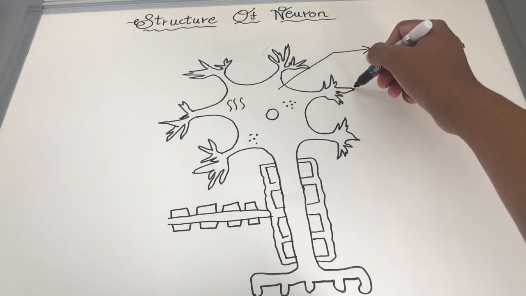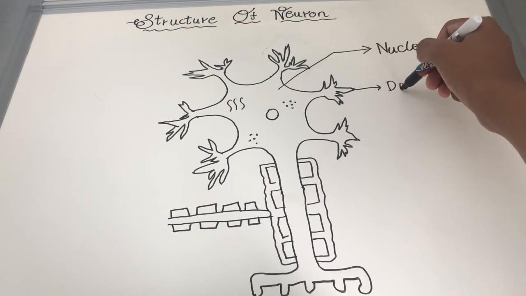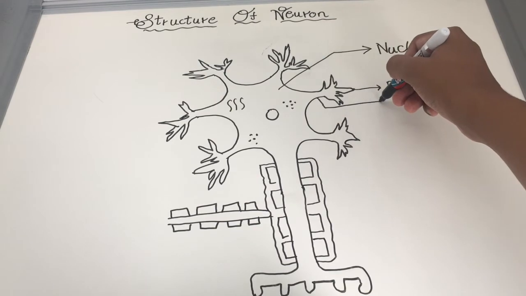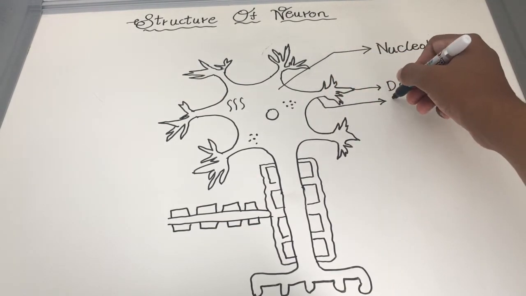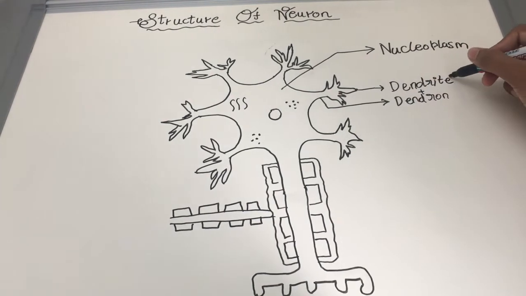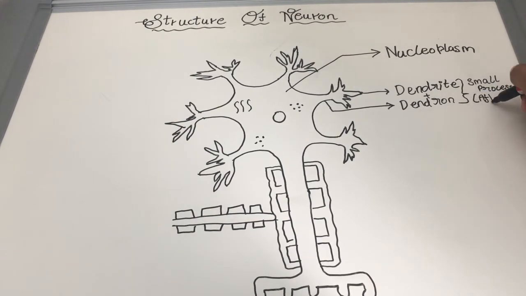So this is the dendrite, and you can see the portion over here is the dendron. Now these both will form the small processes. So these are known as afferent processes or the small processes.